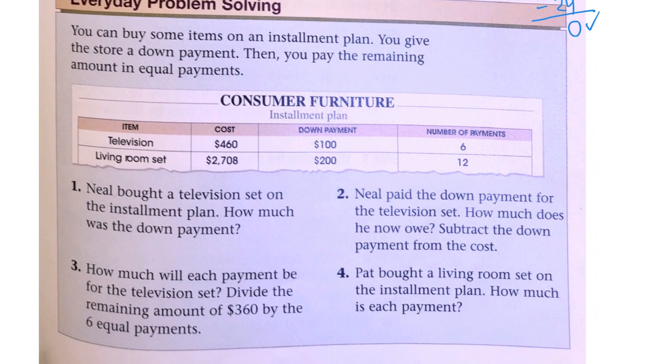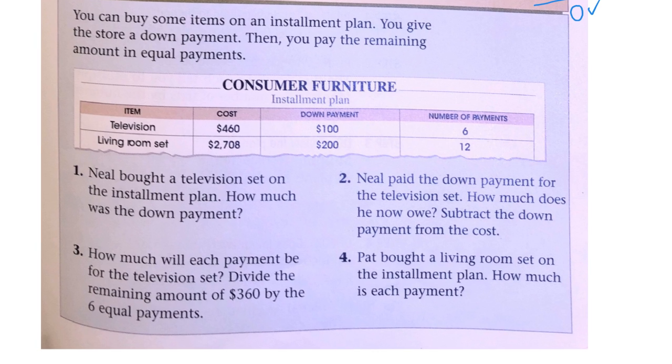So let's take a look at everyday problem solving. You can buy some items on an installment plan. You give the store a down payment. Then you pay the remaining amounts in equal payments.